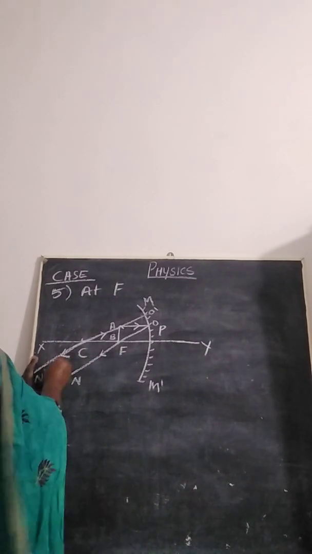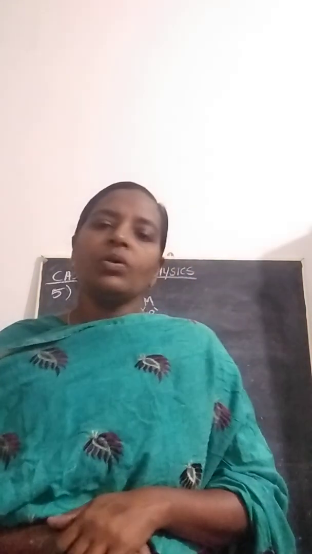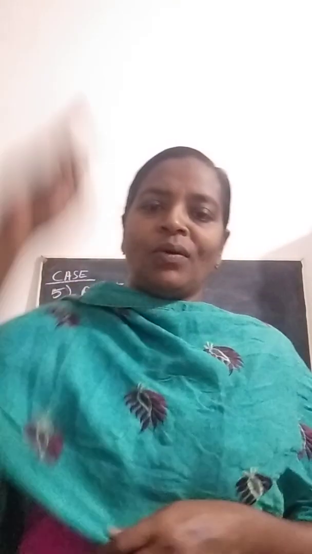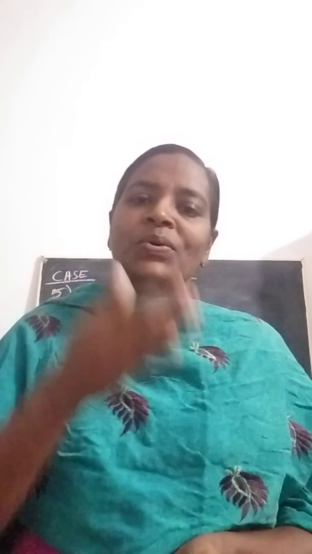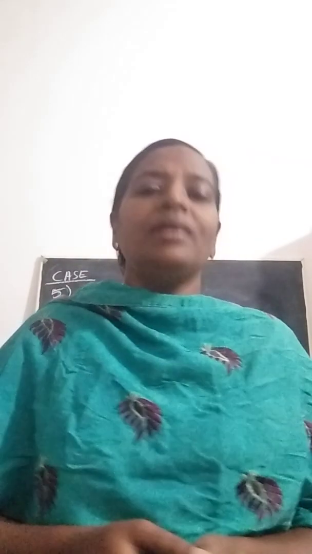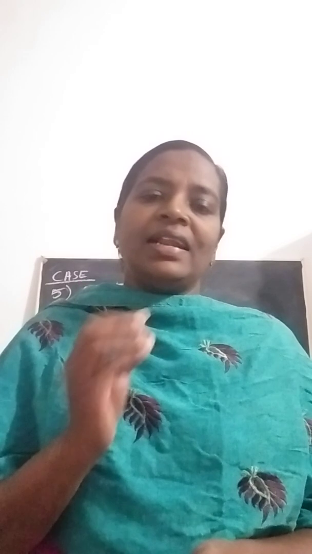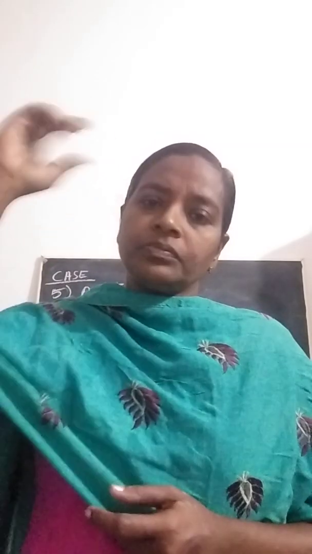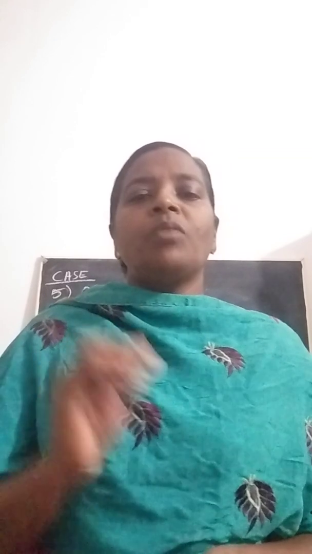These two reflected rays are parallel, so they are not going to meet close to the mirror or beyond C, but definitely these parallel rays will meet at a far off distance called infinity. At infinity we will get a highly enlarged image of the object. That is the type of image formed in this case.